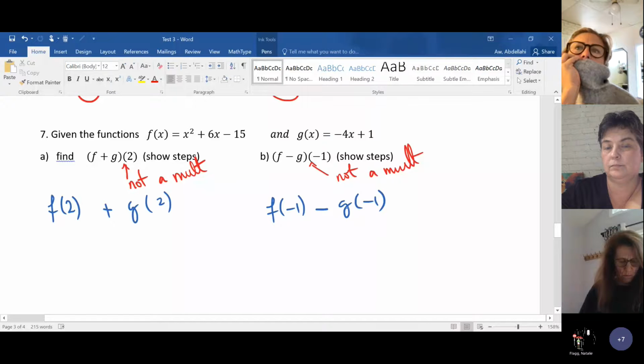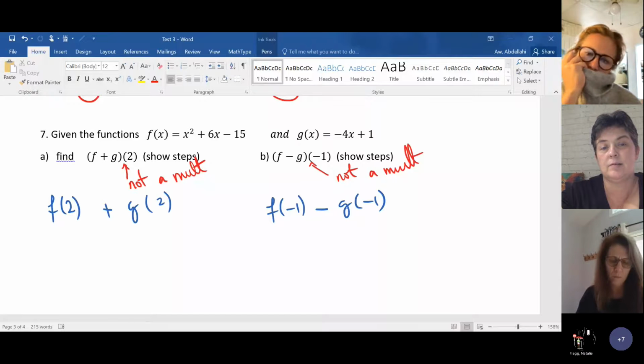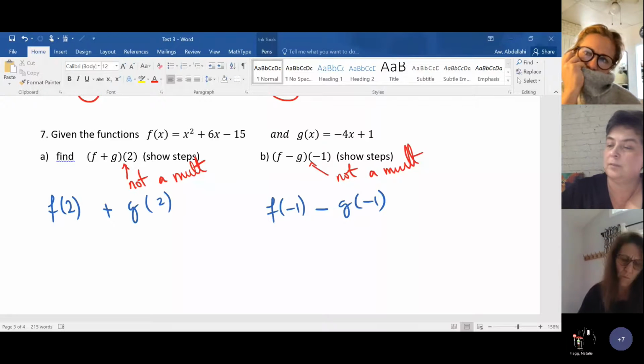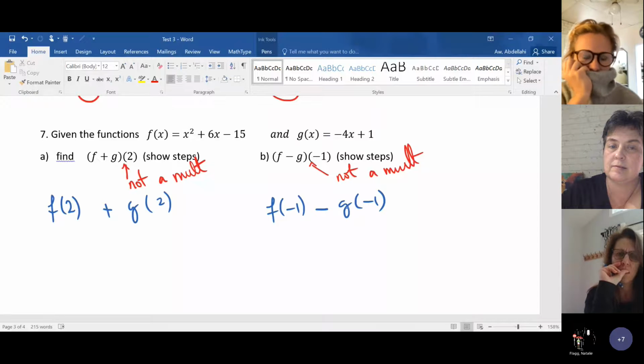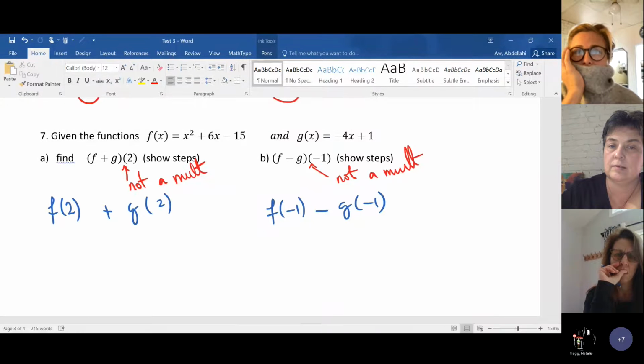In question A, you plug in 2 in f, plug in 2 in g, and then you add up the numbers. In question B, you plug in -1 in f, plug in -1 in g, and then you subtract the numbers. Everybody see that?